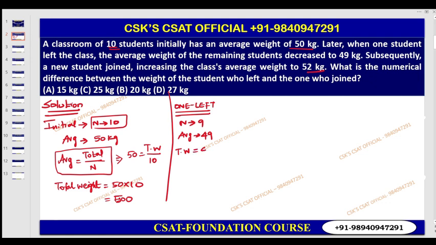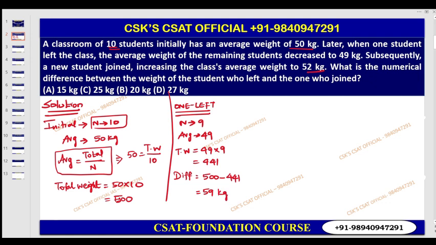So the total weight here is equal to 49 into 9, which is nothing but 441. Right. Now one left. What is the difference here? So the difference is equal to 500 minus 441, which is equal to 59 kg.